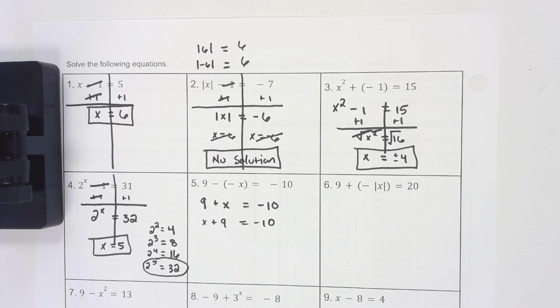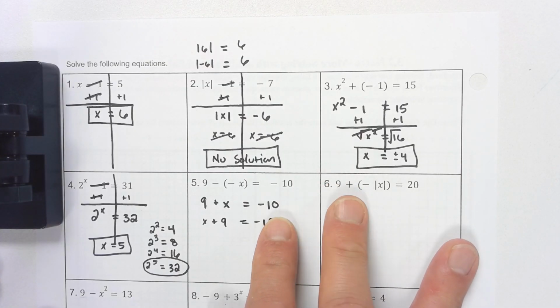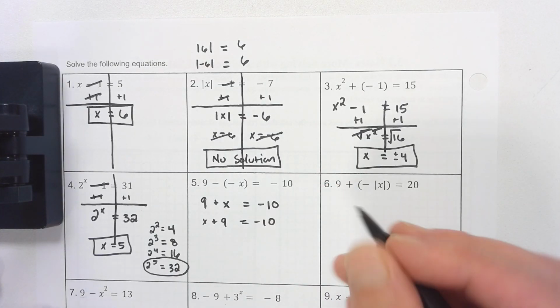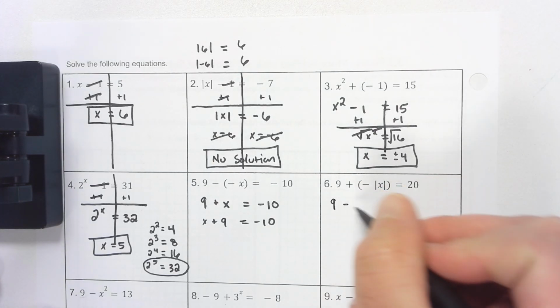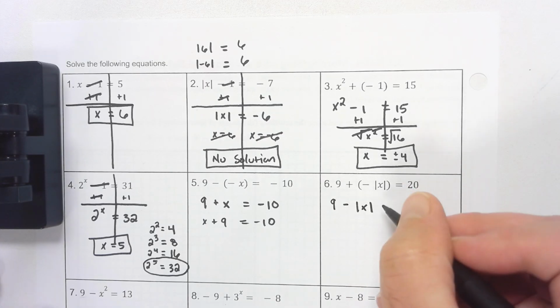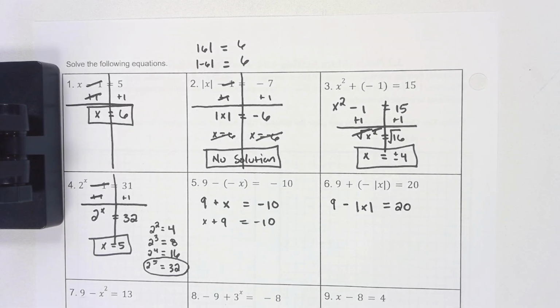But before I let you work for a few minutes, number 6, I have 9 plus a negative absolute value of x. The negative does not have anything to group up with, so it stays as 9 minus the absolute value of x, and it equals 20. Again, we can rearrange these terms, so that's a little bit more clear what we need to do next.